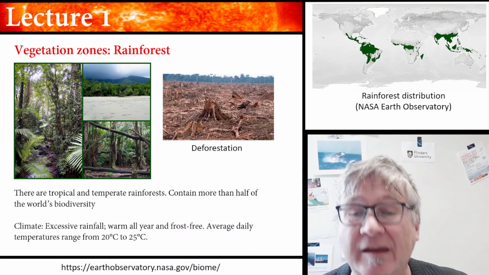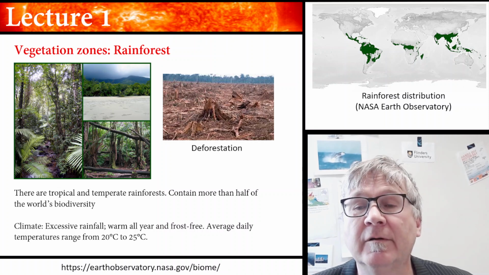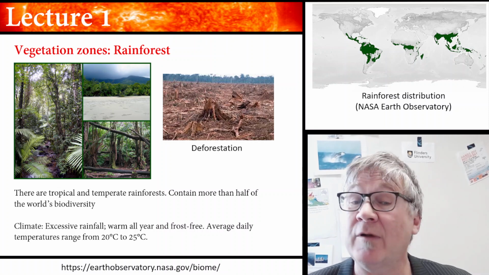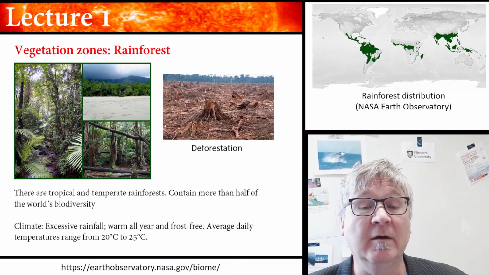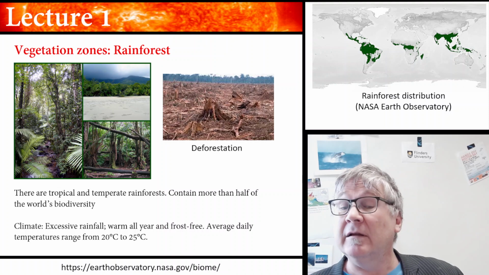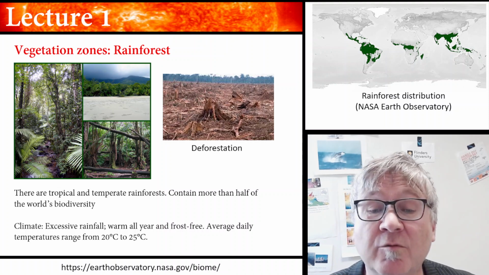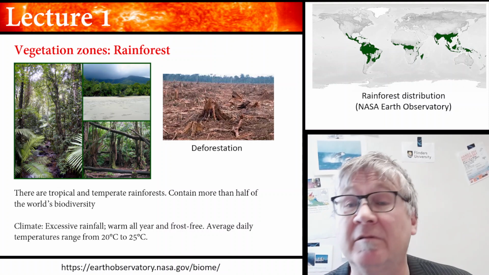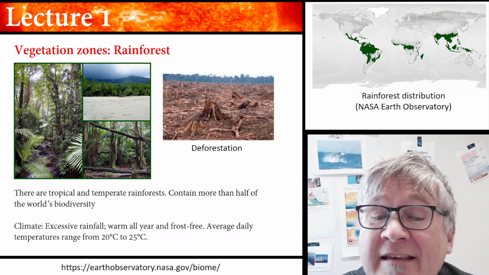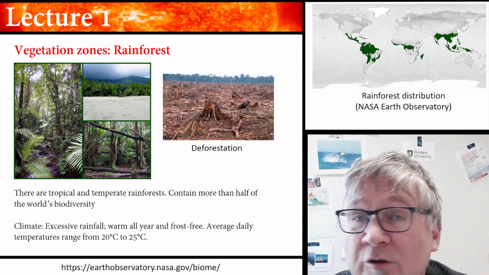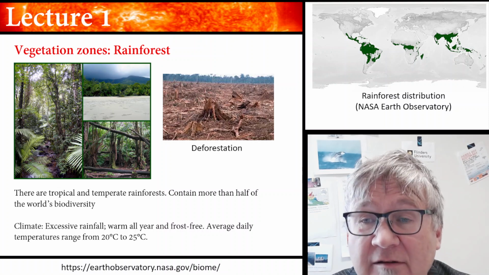And we're talking about rainforests. Okay. Rainforest. There's some images here. There are tropical and there are temperate rainforests, and we will be defining the different zones in the next lecture. What do we mean by tropical and what do we mean by temperate and stuff like that. Okay?